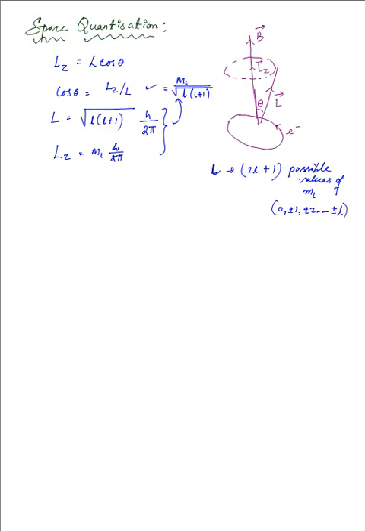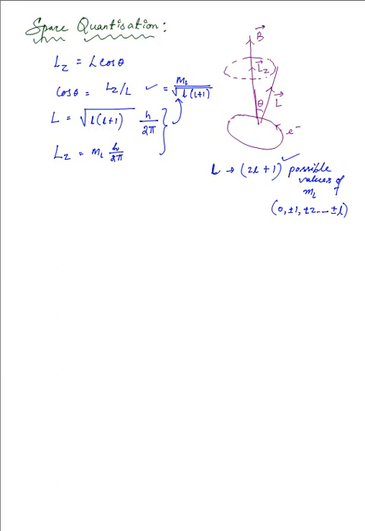So these are the values of ml that it will take up, and the angle theta can therefore assume 2l plus 1 discrete values. In other words, the angular momentum vector, the L vector, can have 2l plus 1 discrete orientations, because the orientation, that is theta, will depend on those different values. So 2l plus 1 discrete orientations with respect to the magnetic field.